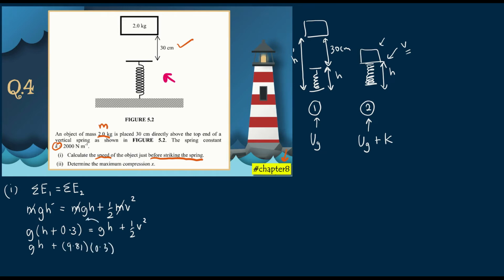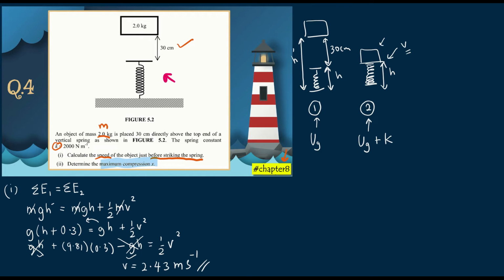You bring gh to the left, so it's minus gh equal to half v squared. So gh with minus gh you can cancel out. Then you can calculate your velocity. Using your calculator, you will have your velocity as 2.43 meter per second.